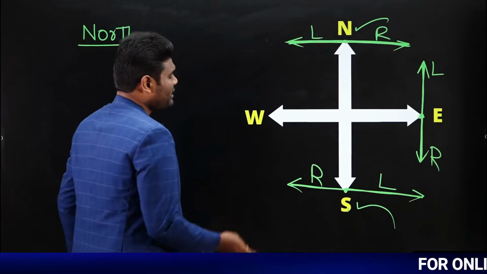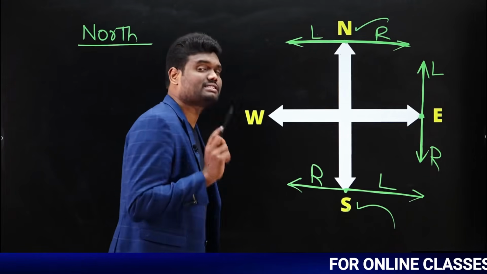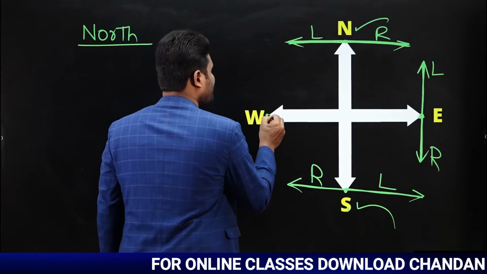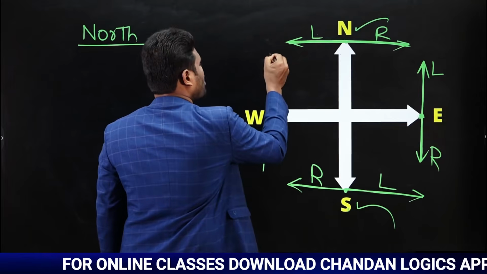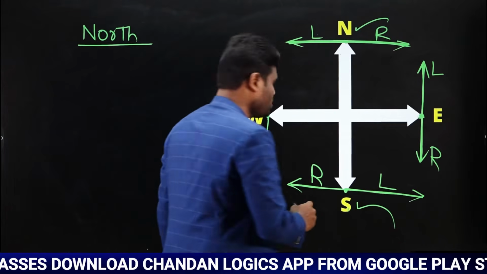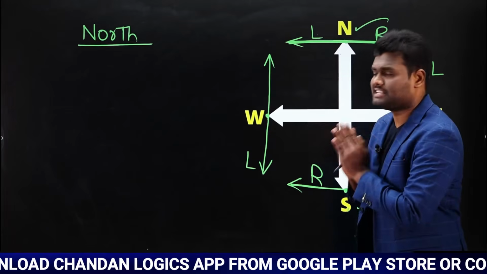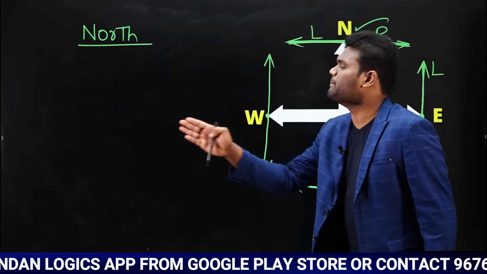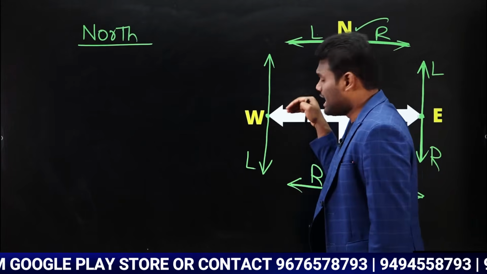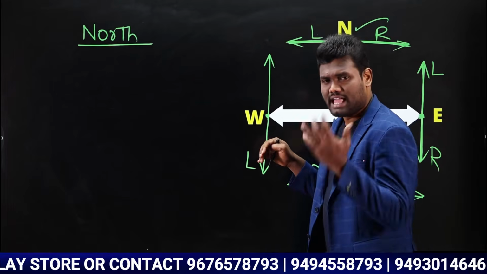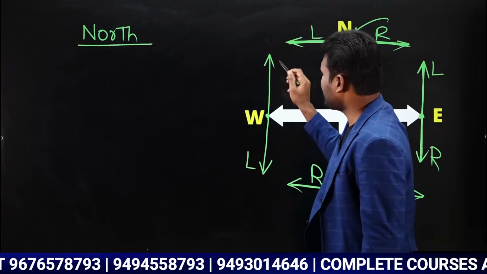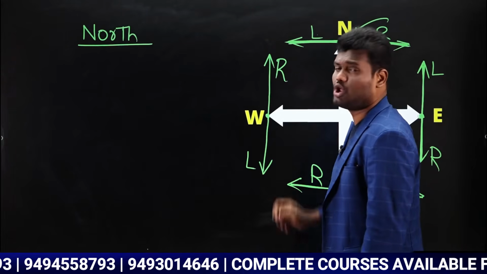Okay. Similarly, when the person is traveling towards west direction, left of the person is nothing but towards south direction. Yes or no? Now just imagine that you are facing towards west direction. When you are facing towards west direction, left of the person is towards south direction, and right of the person is nothing but towards north direction.